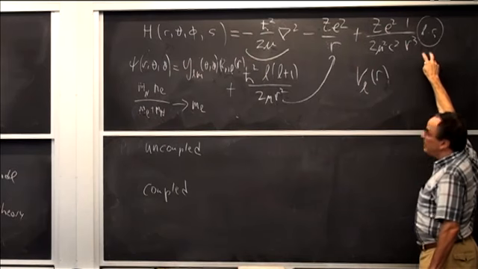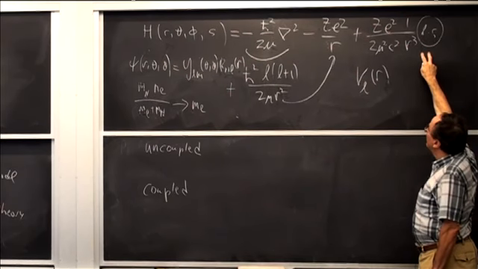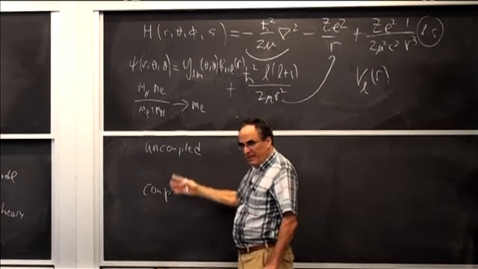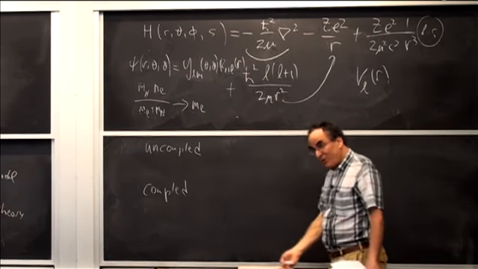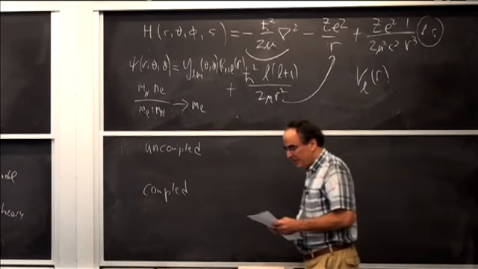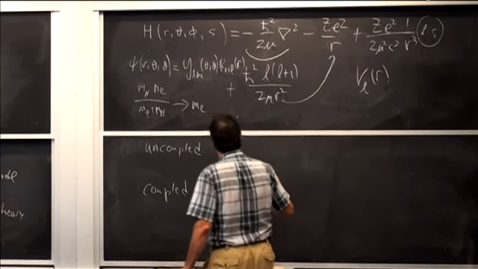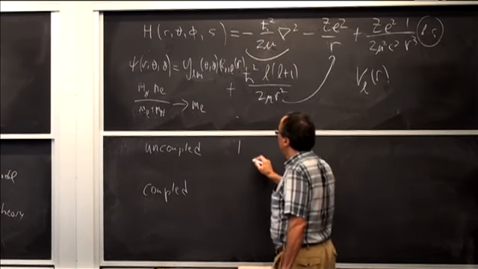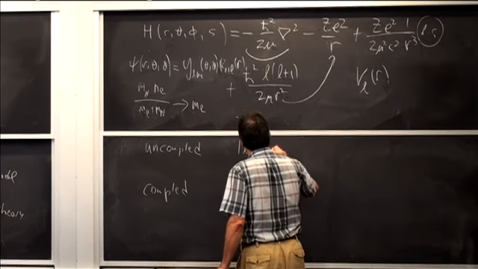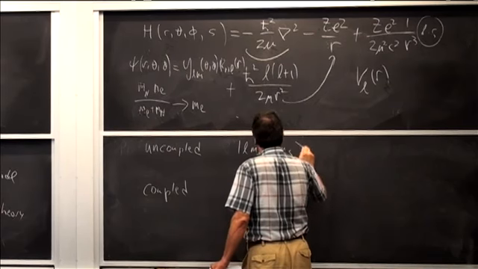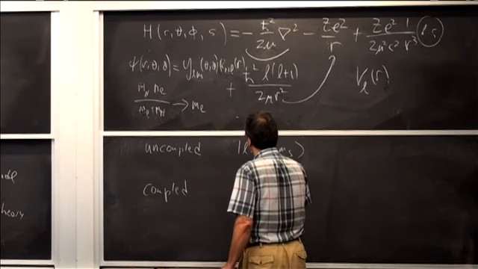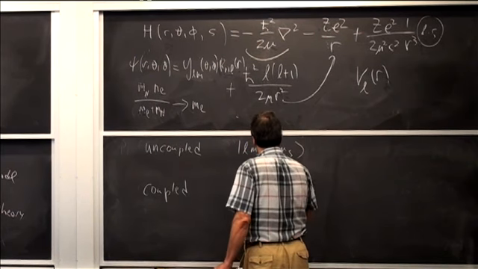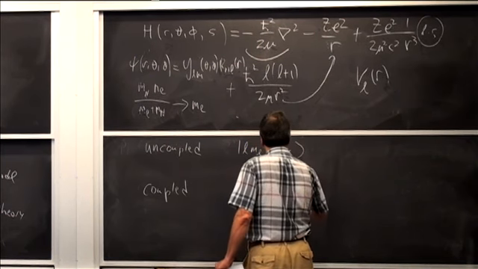And this is the reason why we talk about basis sets and a choice of basis sets, and that there's one good choice and one not such a good choice. The uncoupled basis set is written as L M_L S M_S, and the coupled one is written as L S J M_J.